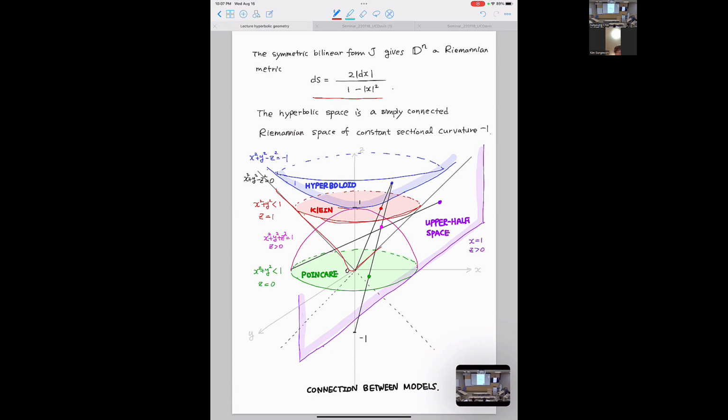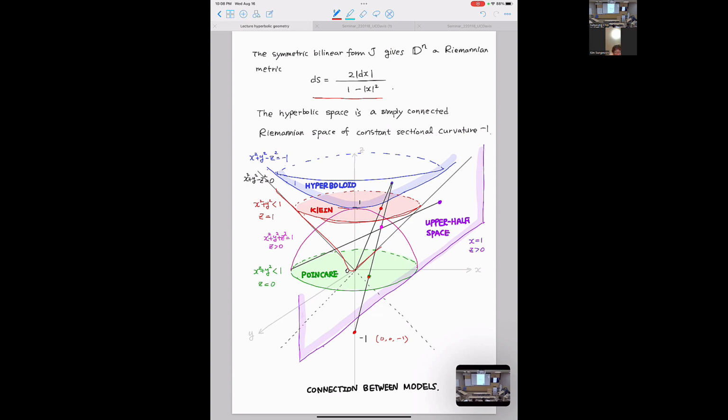Using the point (0, 0, -1), you can connect any hyperbolic point to this point, and this line gives some point in the xy plane. Then the correspondence gives the Poincaré disk model.